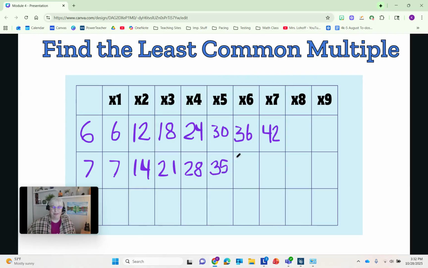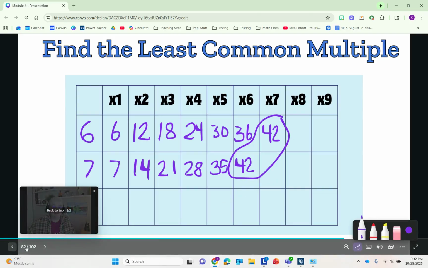And 7 times 6, 42. Turns out that is the first number that's the same in both rows. So 42 is our least common multiple.